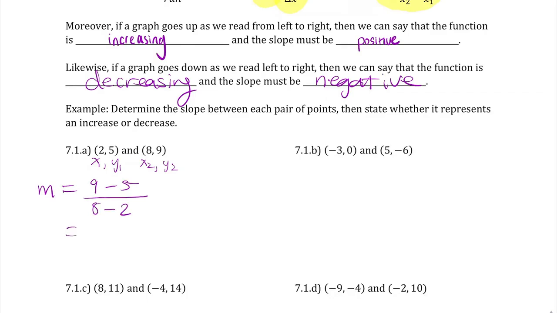Then we follow BEDMAS, so remember that there are implied brackets in the numerator and the denominator, so we solve those first to get 4 over 6, and then we always reduce our final answer to get 2/3 in this case. Since we have a positive slope like we saw up here, we know that the graph will be increasing, and we can say that in our answer.